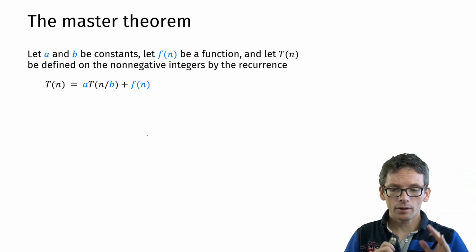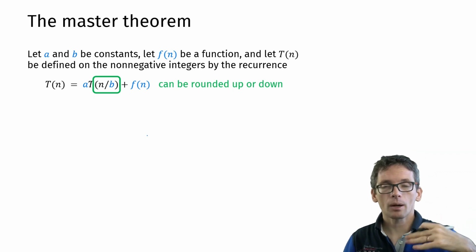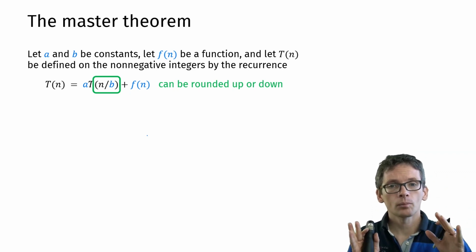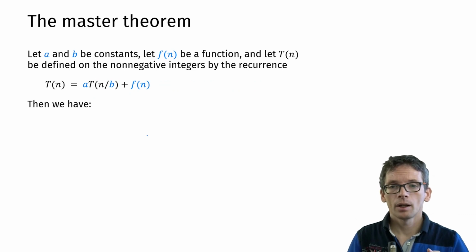So that is the form of the recurrence that we need to have. It can be rounded up or down. That doesn't matter. Now we get the following.